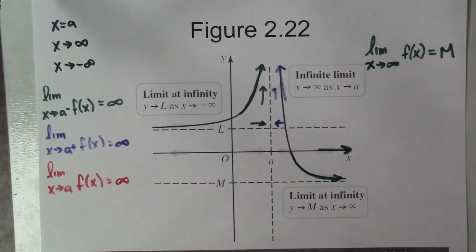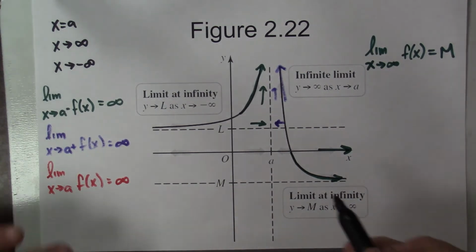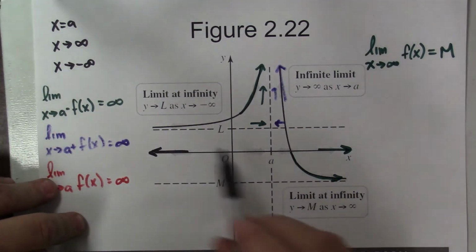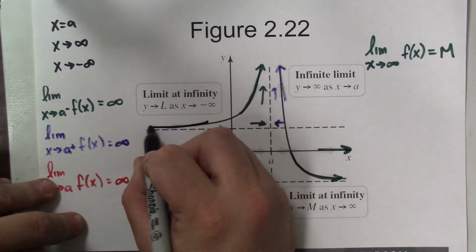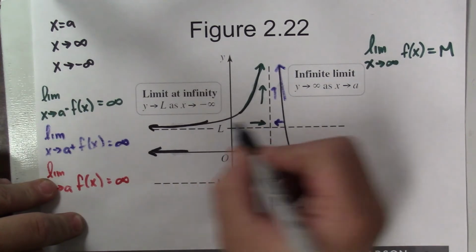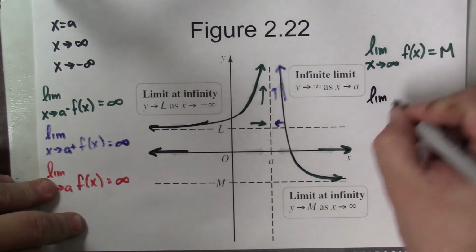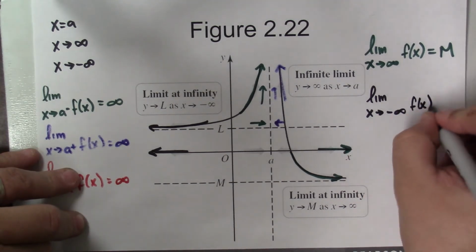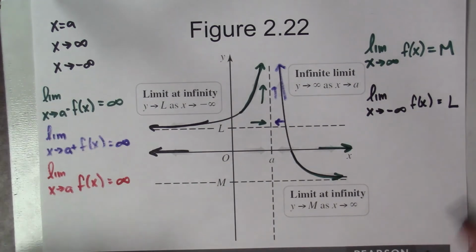Similarly, as x goes to negative infinity, the function is converging to L. So the limit as x goes to negative infinity of f of x is L.